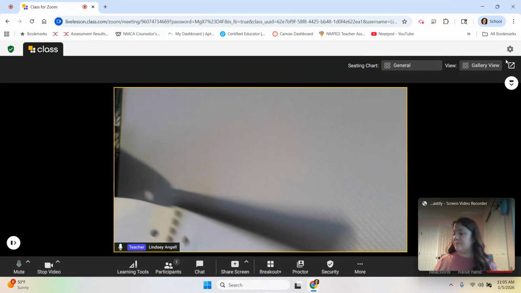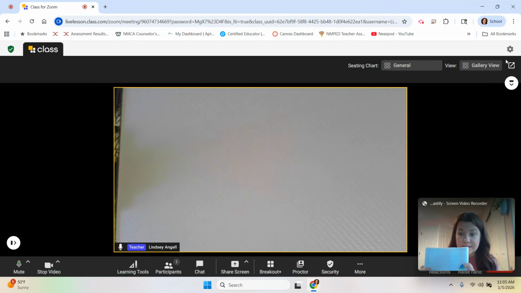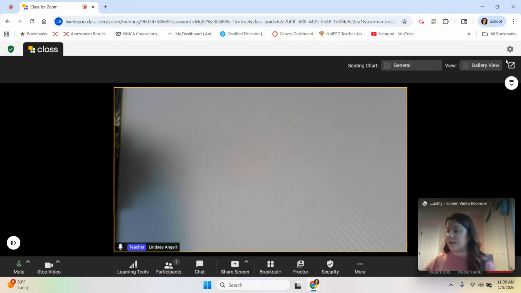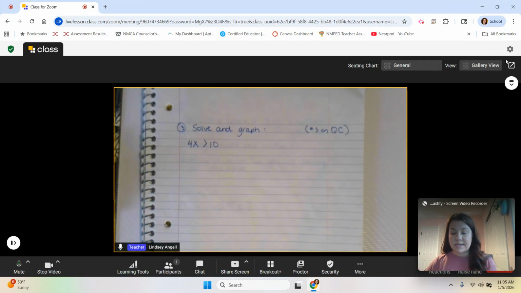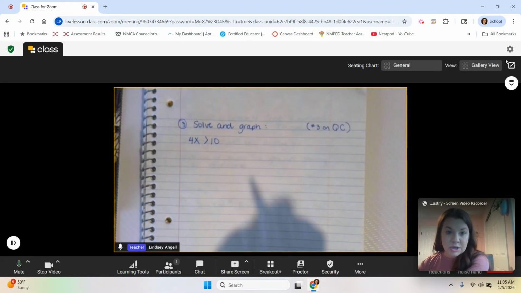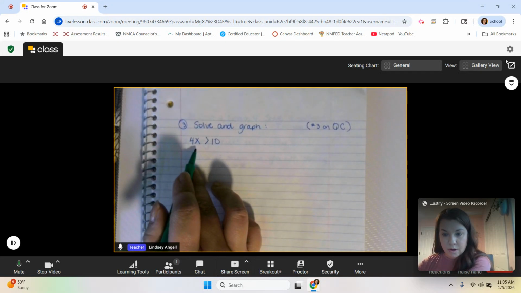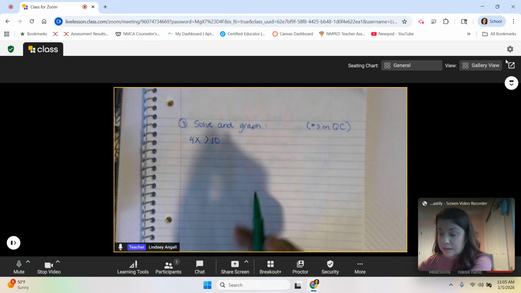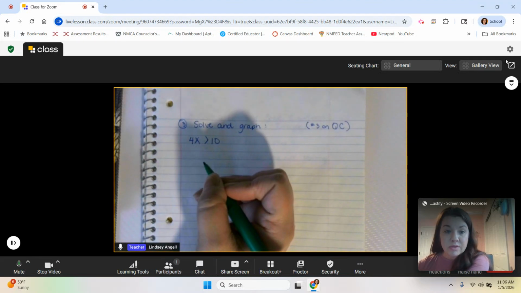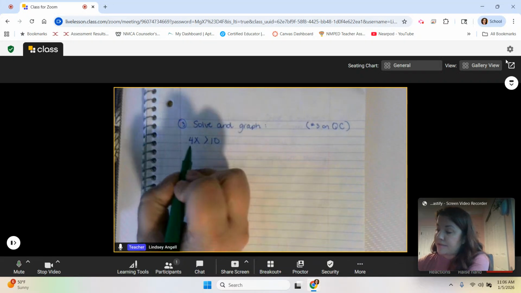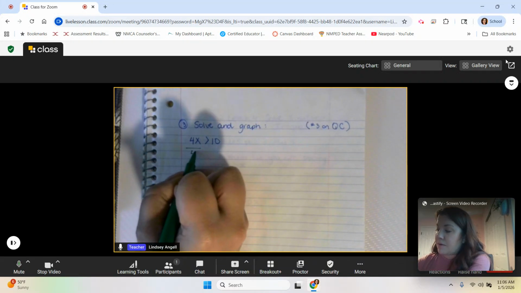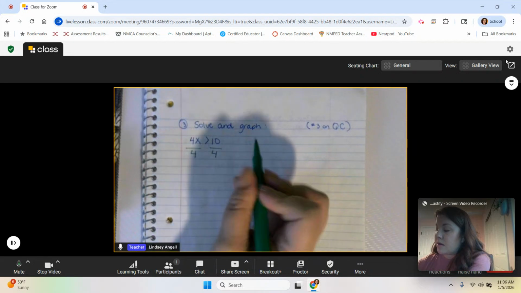All right. With this next one, this is one from your quick check. This is number 3 on your quick check. I'm sorry, I'm getting to the end of my notebook, so it doesn't lay as flat as easily as it usually does. This time we're going to solve and graph. So right now, I am multiplying by 4. So to get rid of it, with the goal of having the x alone on the left, I'm going to divide both sides by 4.